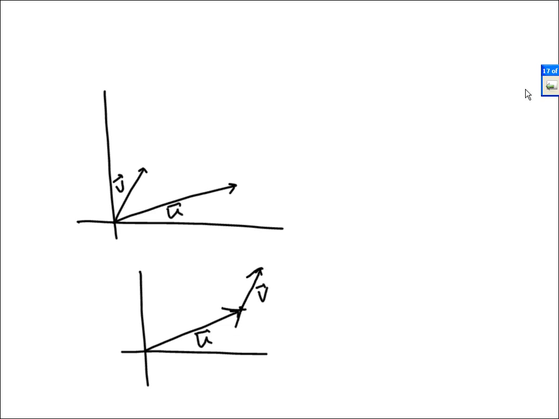U and then v. And where I end up, namely right there, that's going to be where u plus v ends up. This blue vector is vector u plus vector v. That's u plus v.